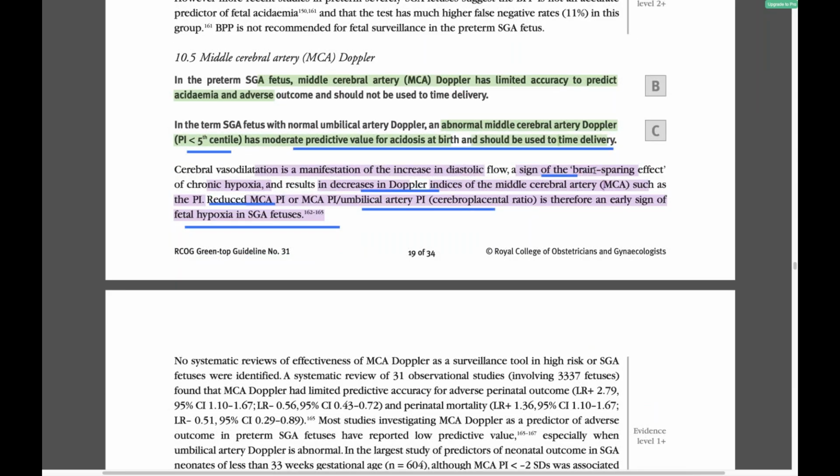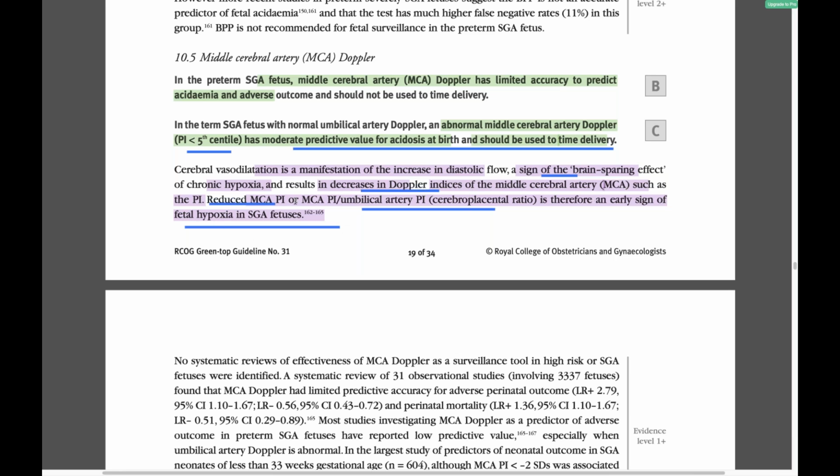This I was saying: if the brain sparing effect is there in the middle cerebral artery, and we have to take some decision, then we can do middle cerebral artery Doppler, but it is only effective in the term baby. If the brain sparing effect is there, as I discussed before in the slide, there will be a change in the Doppler, a decrease in the PI of MCA.